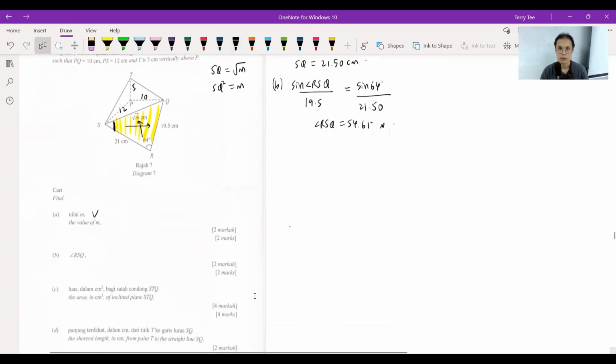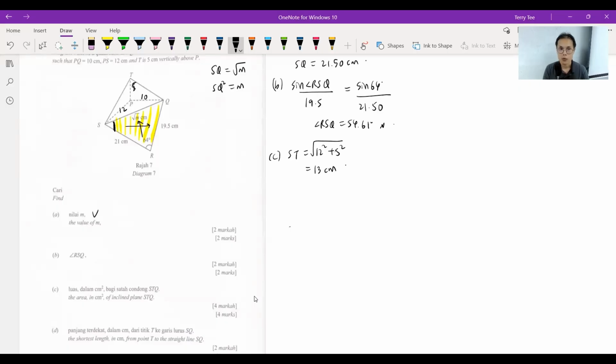Next, find luas bagi sata condong STQ. Sata condong means inclined plane, right? Before you find the inclined plane, we need to find the lengths of ST and TQ. Let's focus on ST. You can see this is 5, this is 12. Your ST in this case will be the square root of 12 square plus 5 square, which is just 13.